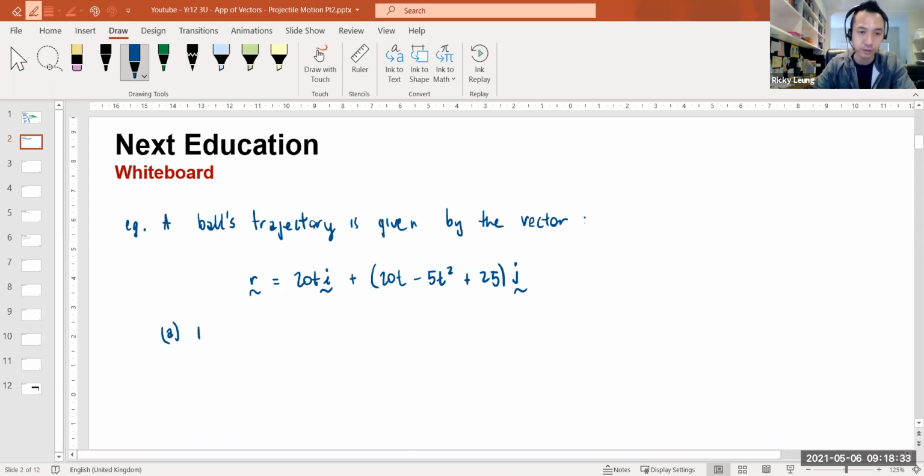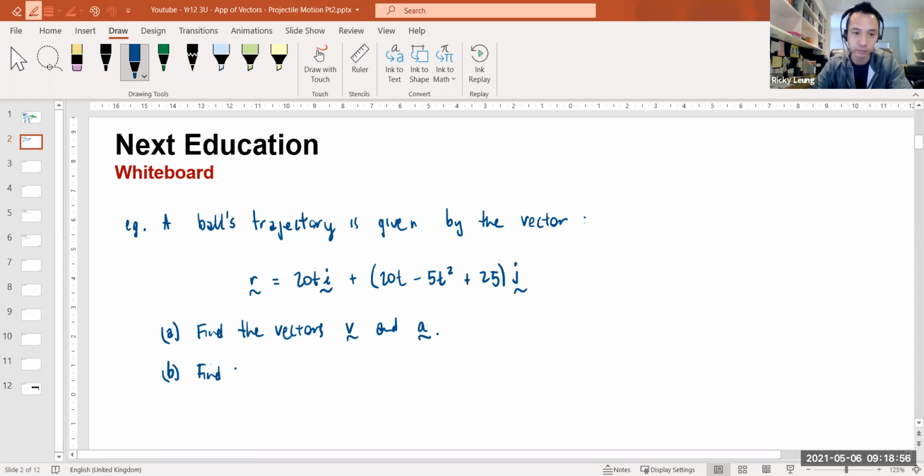So find the vectors v and a. Normally, if this was a better-worded question, I'd say find the velocity vector and the acceleration vector, but let's just do that. Then let's do our three classics.